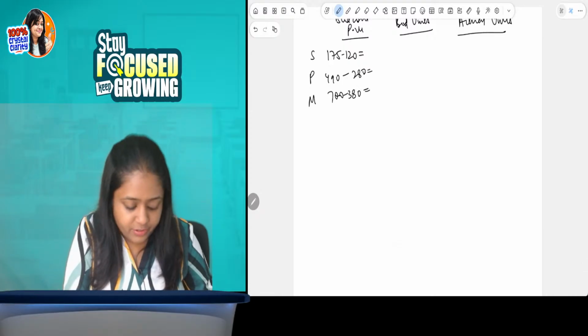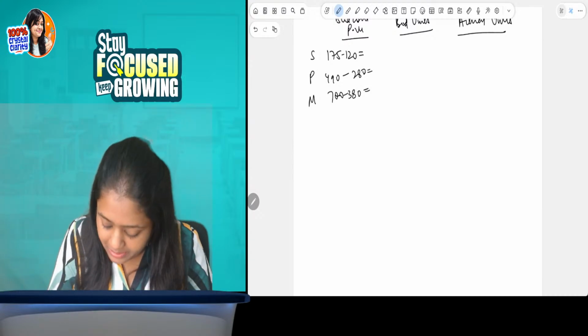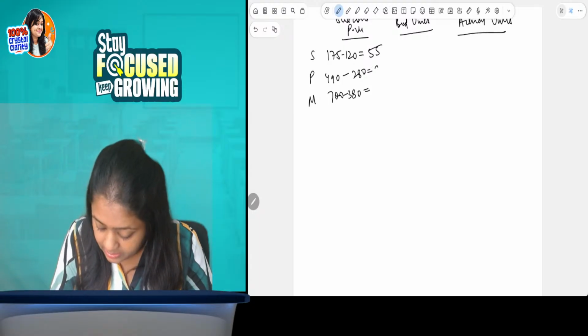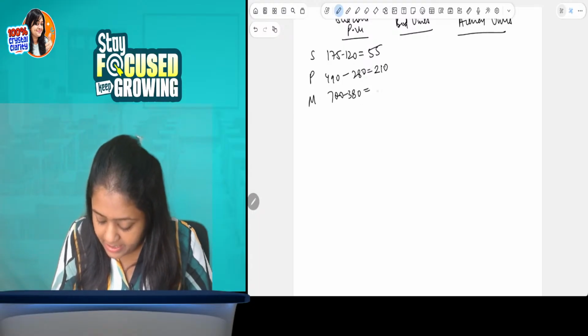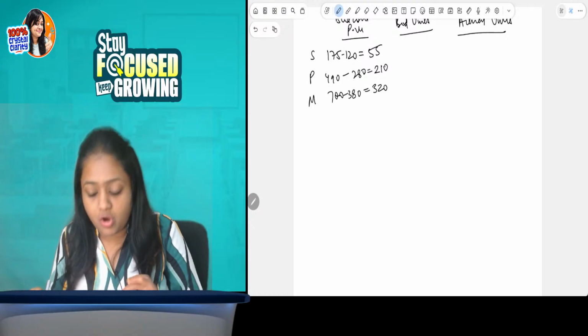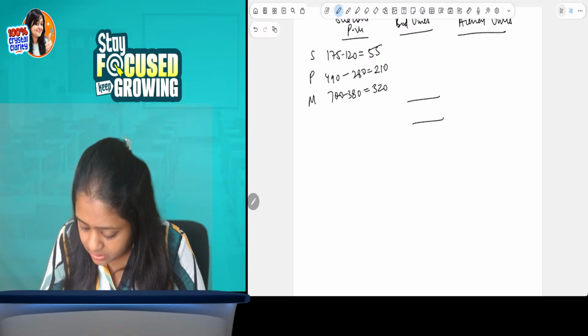Okay, let's get the figures. So 175 less 120 is 55, 490 minus 280 is 210, 700 minus 380 is 320. You got the budgeted contribution per unit, now get the budgeted units.